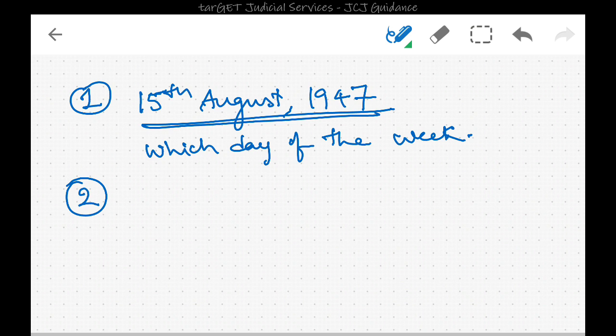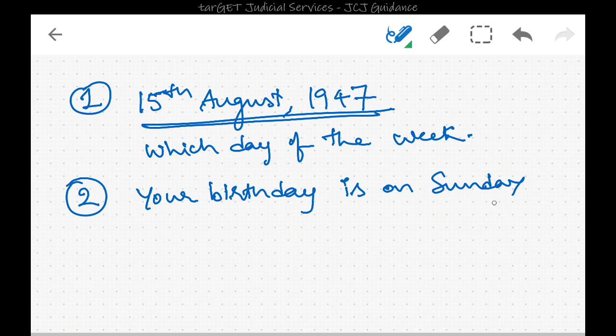In the second model, they will tell you the day of the week of a particular date. For example, let us take your birthday. Your birthday is on Sunday in 2015.